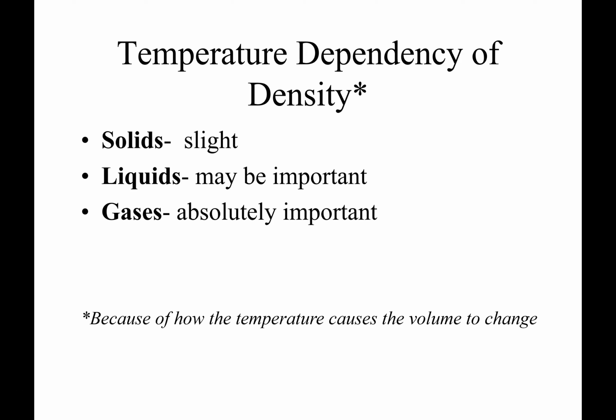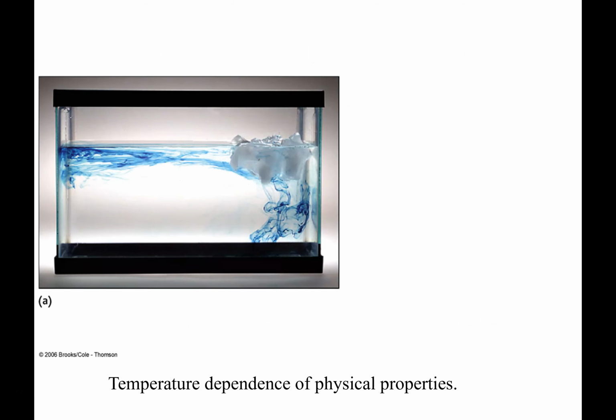Okay. So here we're kind of trying to show you the effect of changing temperature on the density. All that's been done here is take a nice, pretty piece of glass, put water in it, drip some blue food coloring, and then in one corner put an ice cube.